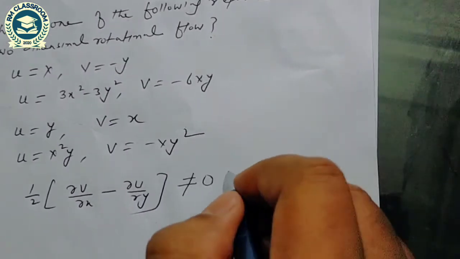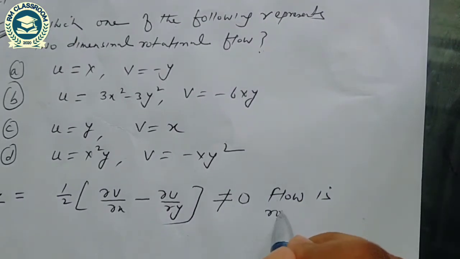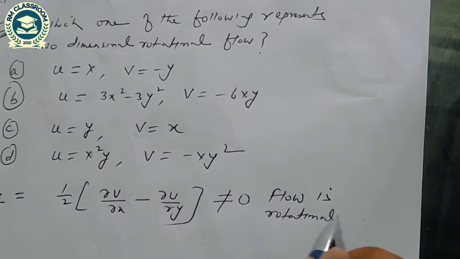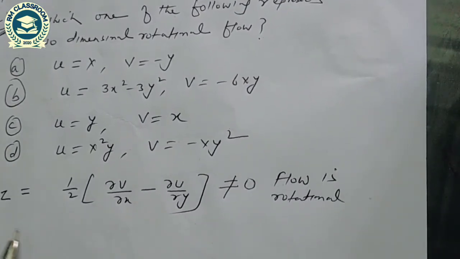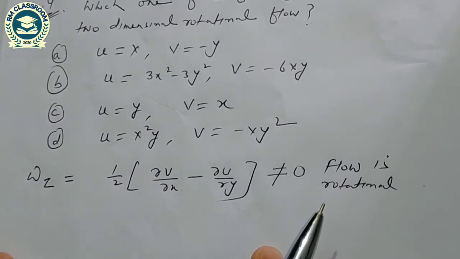Then the flow is rotational. If the angular velocity in z direction is 0, then our flow is irrotational.